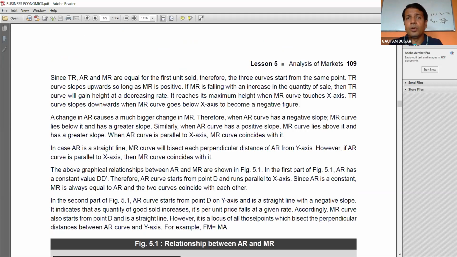Perfect competition, we all know, is a theoretical myth. It exists only in theory, the first thing. It's a market which has basically the 7 features of free entry and free exit, large number of buyers and sellers. All the sellers are selling a homogeneous product. The product is identical in all respects.